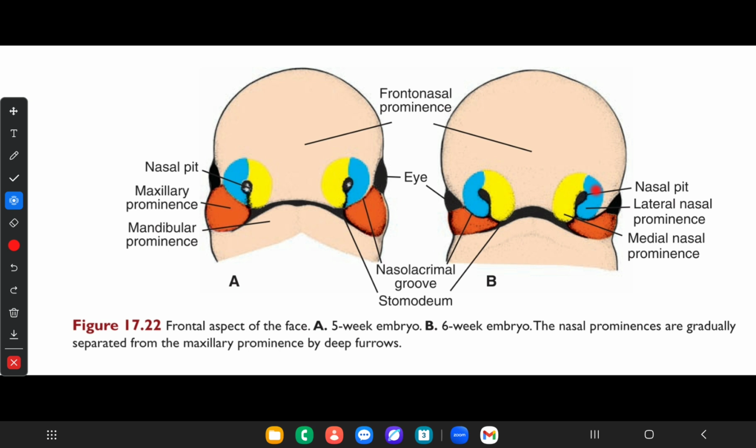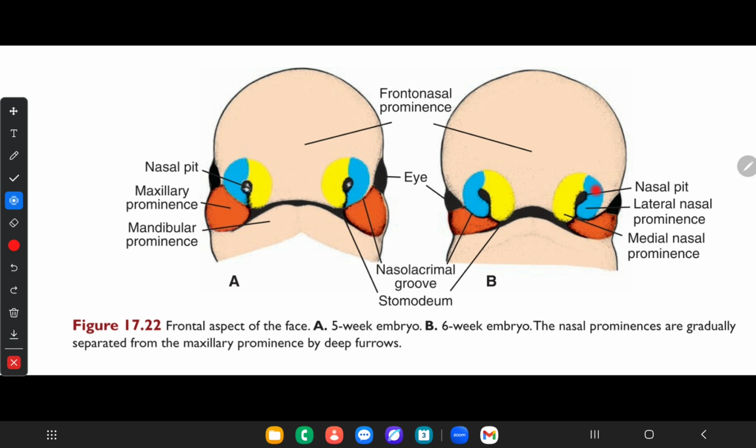Then, on either side of these nasal pits, there are nasal prominences, the medial nasal prominence and lateral nasal prominence for each nasal pit. The prominence on the outer edge of the pit is the lateral nasal prominence, and on the inner edge is the medial nasal prominence. Now you know about the nasal prominences as well.